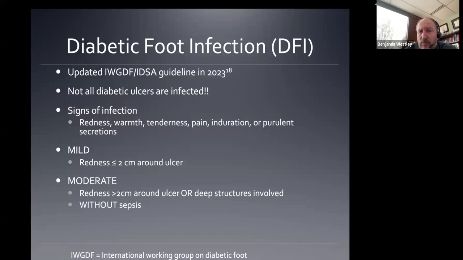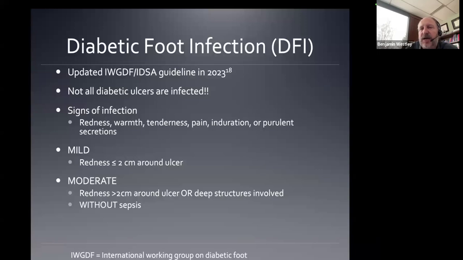A moderate disease would be more than 2 centimeters around it. So these are typically the whole foot or the lower leg is getting red with cellulitis. Or it's an ulcer that's infected, so purulent drainage, and deep structures are involved. So either a lot of cellulitis or deep structure involved.